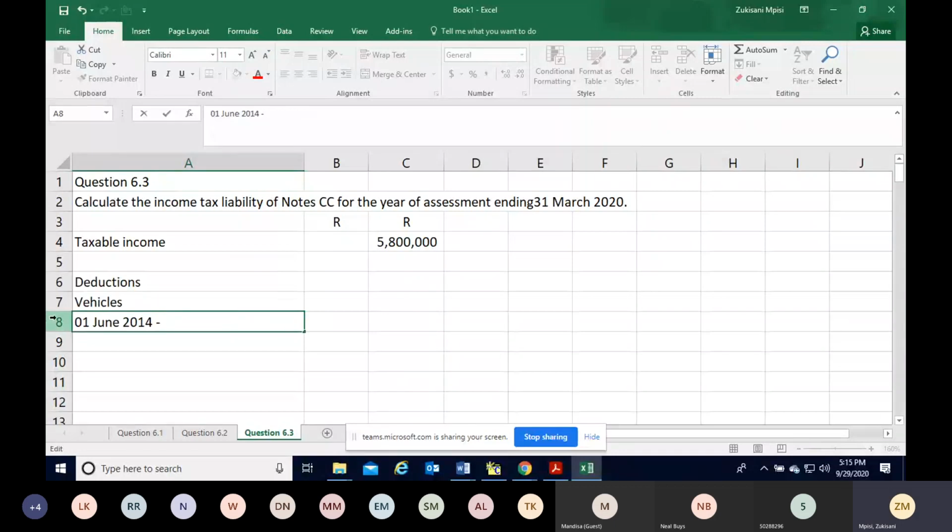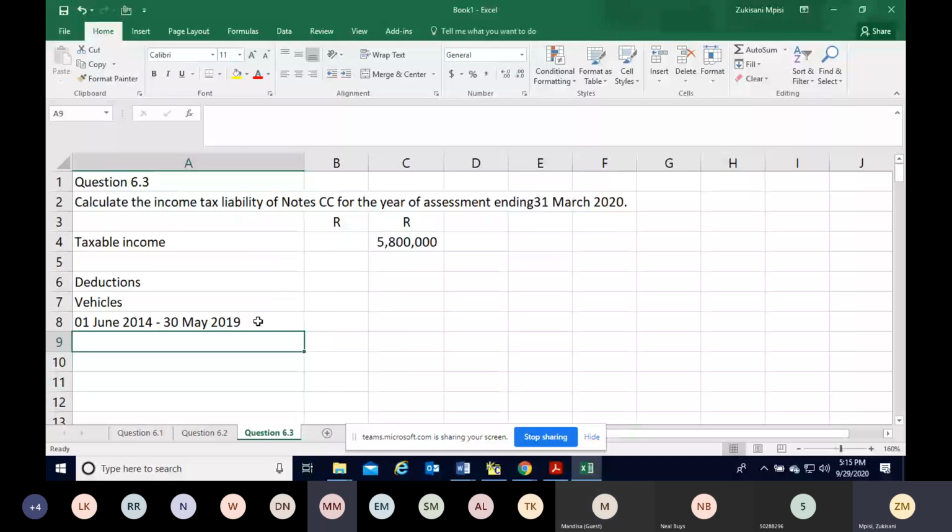So it's 1 June 2014 up until 30 May 2019. Why does it look like it's 2020? It's 2019. All right, 2019, so this is equal to 5 years.